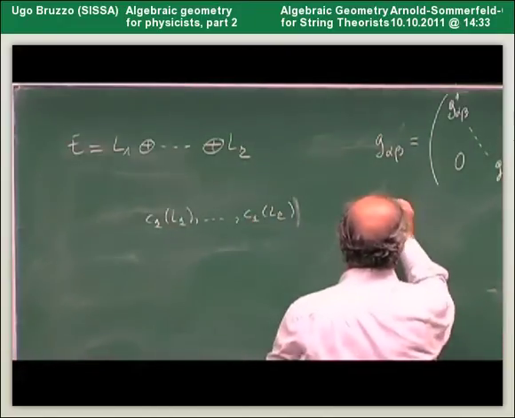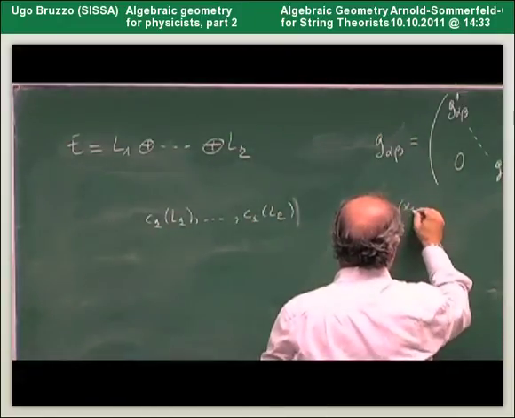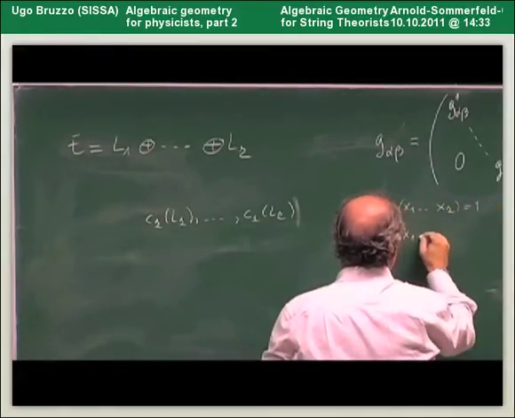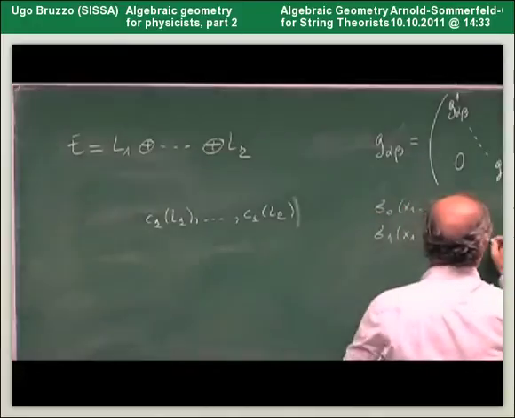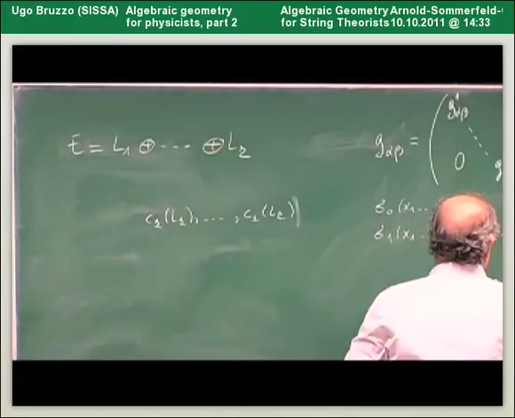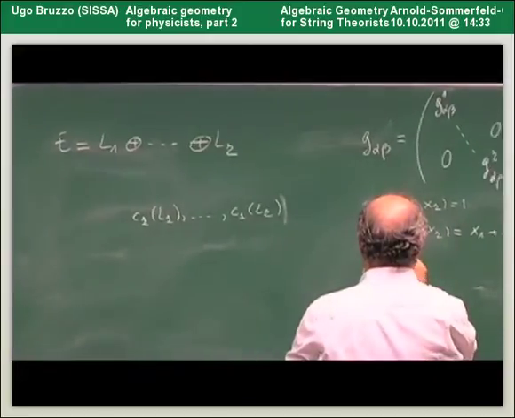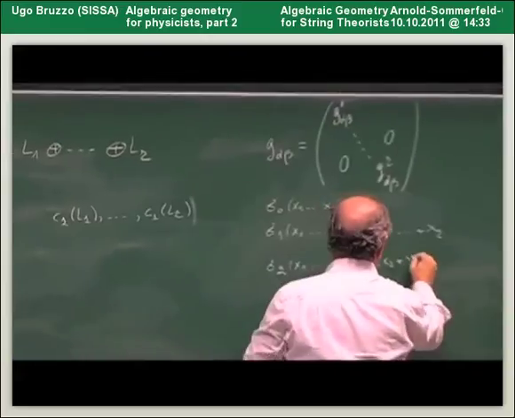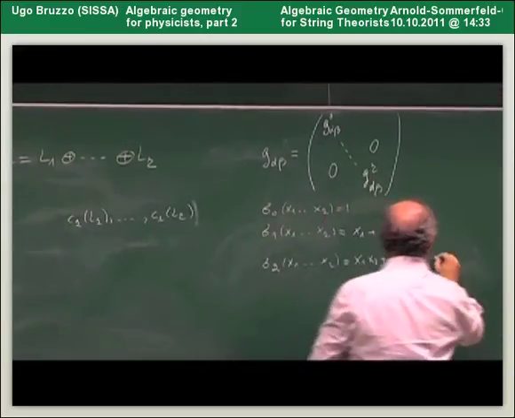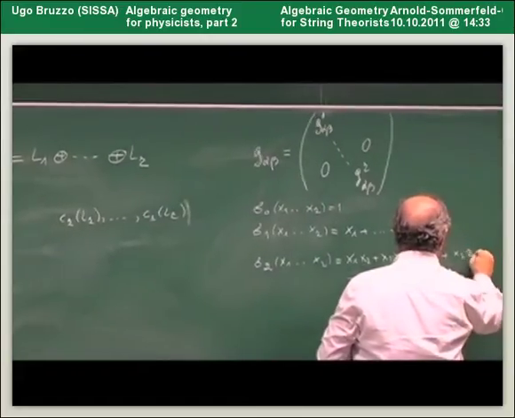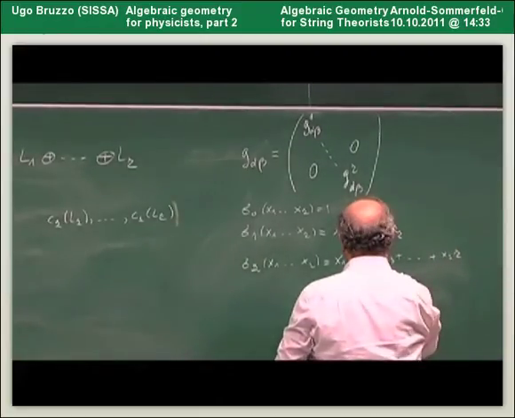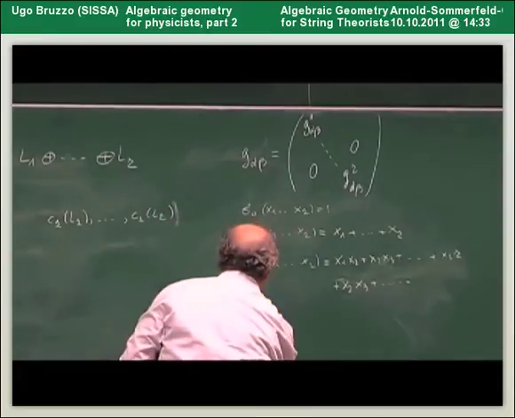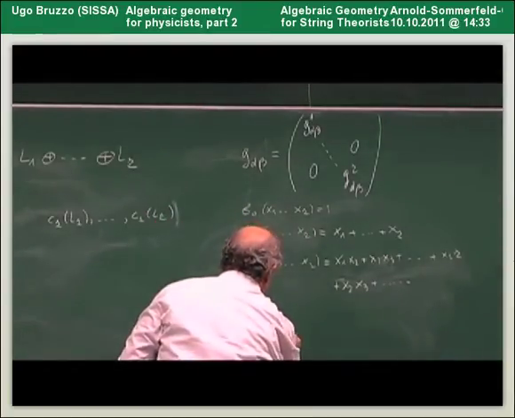So sigma 0 of these variables is just 1. Sigma 1 is just the sum. Sigma 2 is x1 x2 plus x1 x3, and so on. Of course, there are much more refined ways of introducing them, but just to be clear, something like this, etc. Up to the last, which is just the product.